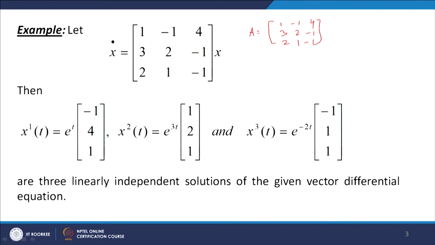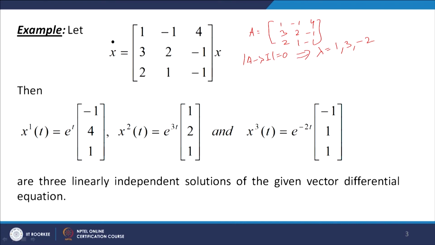For this we first write the characteristic equation of the matrix A, determinant of A minus lambda I equal to 0. It will give you a cubic equation in lambda. When you solve it, you get the values of lambda as 1, 3 and -2. The 3 values of lambda are real and distinct, and therefore the corresponding eigenvectors will be linearly independent.